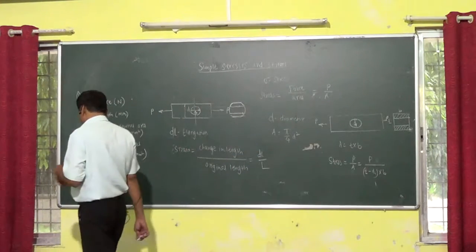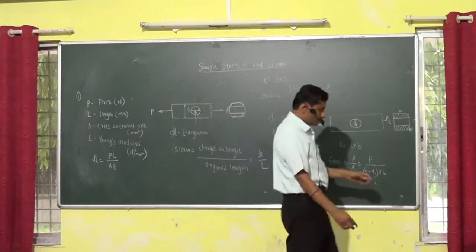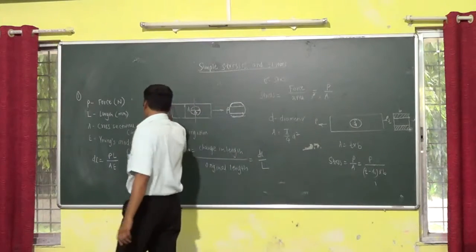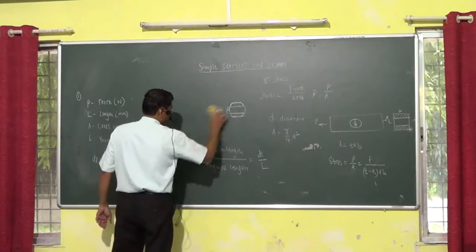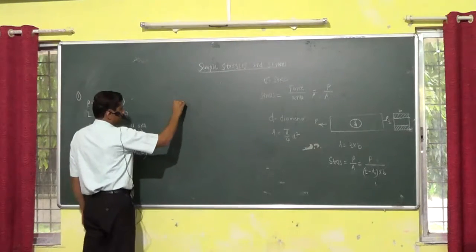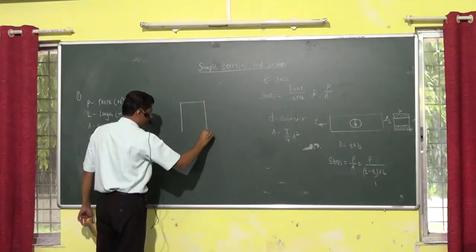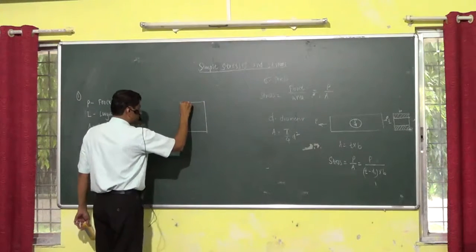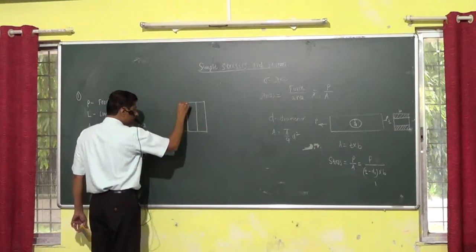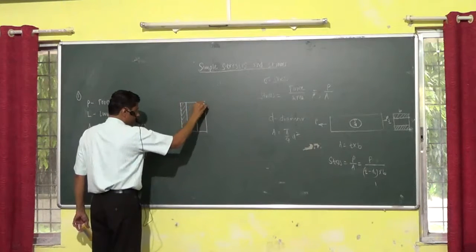Similarly, if we take one more example, suppose the bar is a hollow bar. In this simple stress and strain example, suppose we are taking a hollow pipe like this one. This is the portion of this hollow pipe. We are taking this cross-sectional area from this hollow pipe.